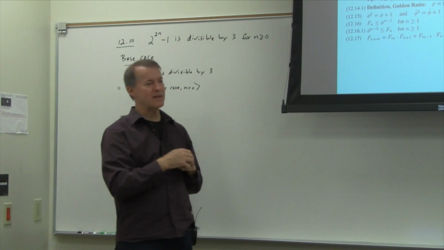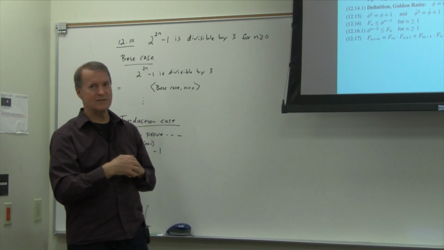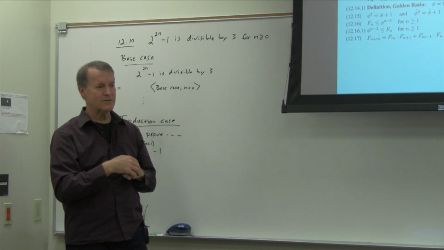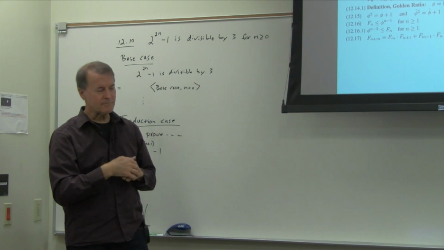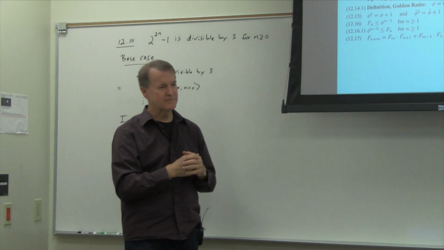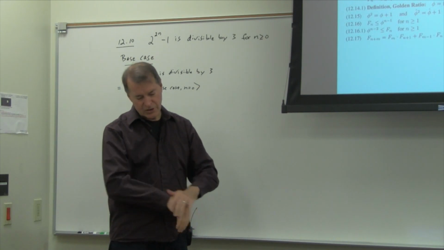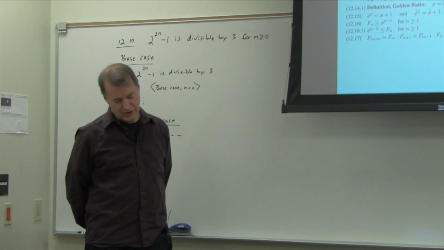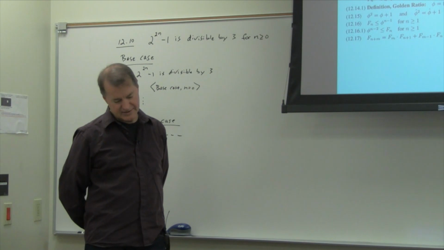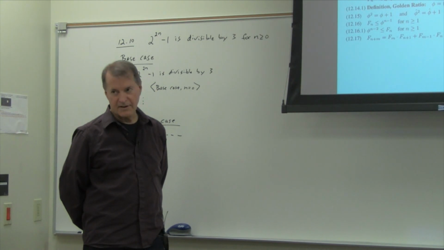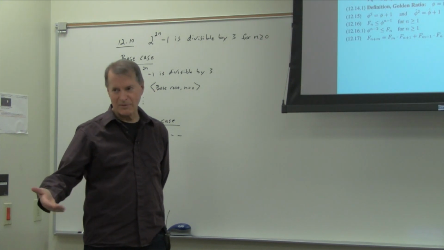Now you have to make some English arguments. Did you see the hint that I gave you on the webpage? Yeah, I just didn't know how to apply it. Well, now you're going to apply it, because now I have my inductive hypothesis. What do you know? We know that the last part is divisible by 3. The rest of the proof is in English.